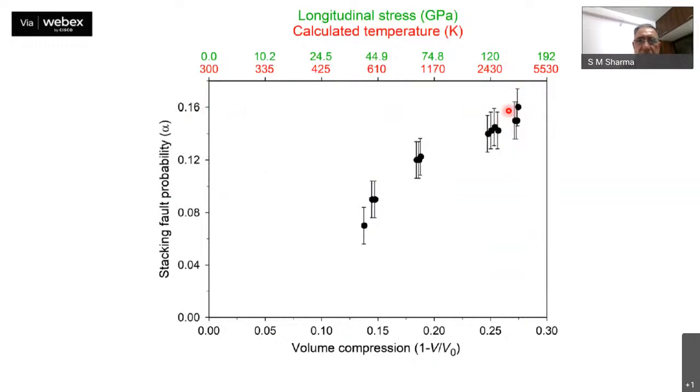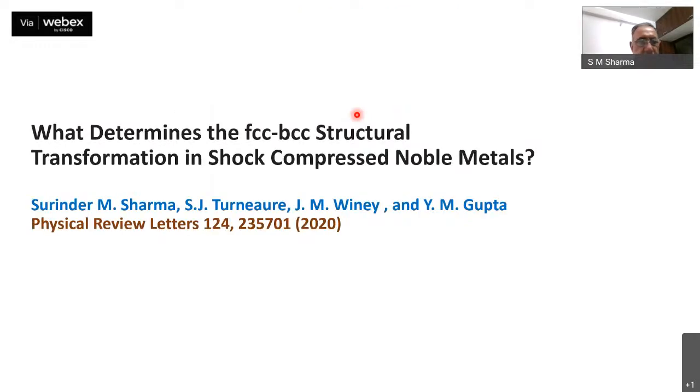It's a percentage of almost 16%, implying that every sixth layer is a stacking disorder. So the question arises: does the FCC to BCC transformation that we saw in gold have anything to do with the stacking faults?